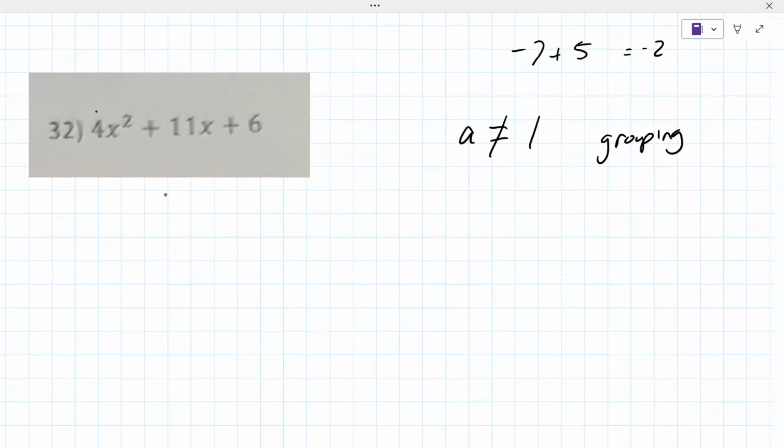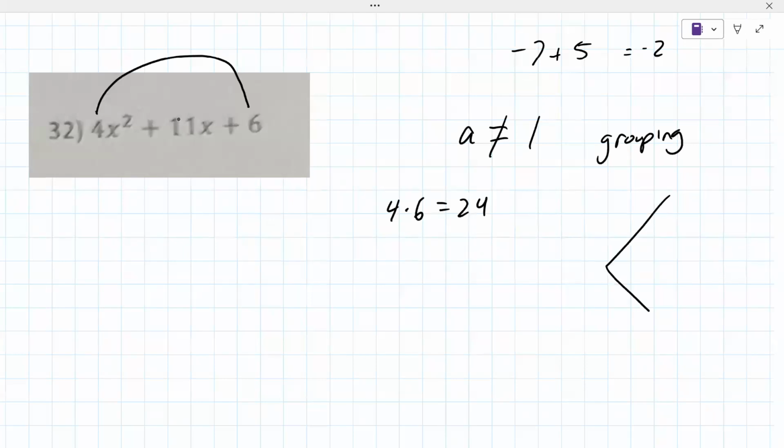You end up having to take this first number and multiply it by the last number, 4 times 6, 24. And now it's kind of the same as the last. You're trying to find two numbers that multiply to 24, but add to 11. You might even call this a diamond method.